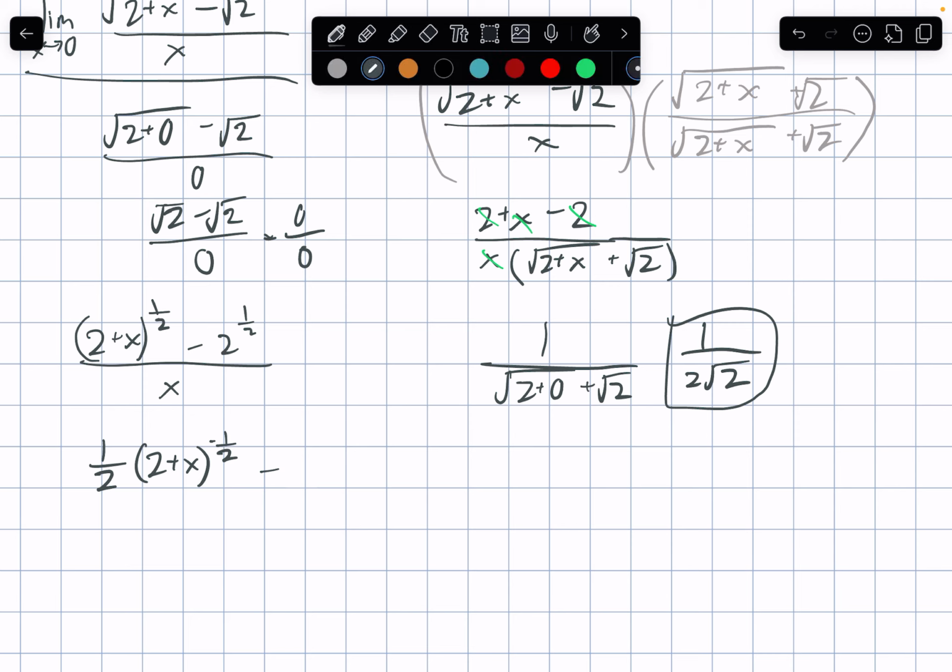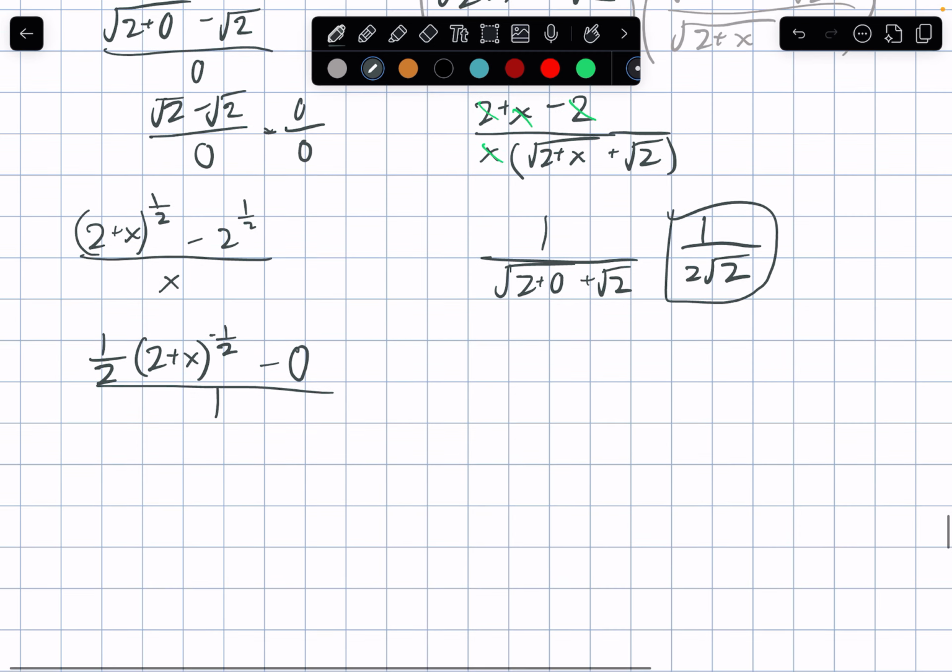Actually, since this one is just a constant, derivative of a constant is always going to be 0, so that's automatically 0. Derivative of x is just 1, so we have something like this.